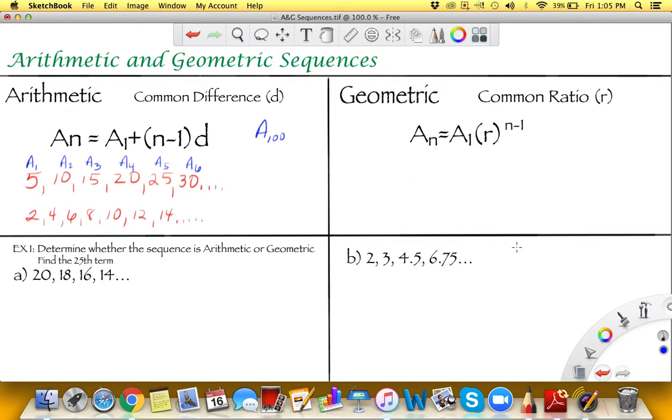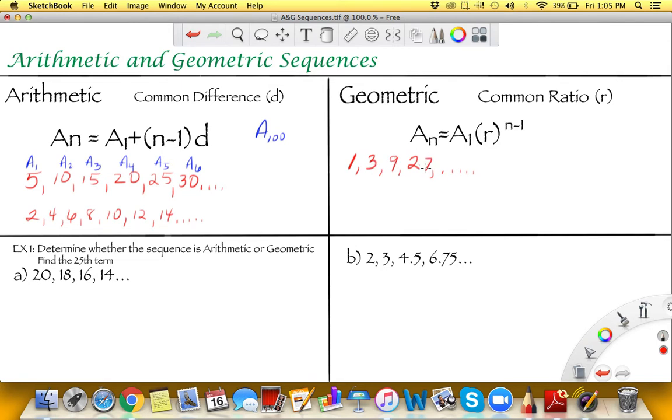For example, the first term might be 1, 3, 9, 27, and so on. And if you notice, there's a pattern here as well. In this case, if I take 1 and multiply it by 3, I get 3. 3 times 3 is 9. 9 times 3 is 27.